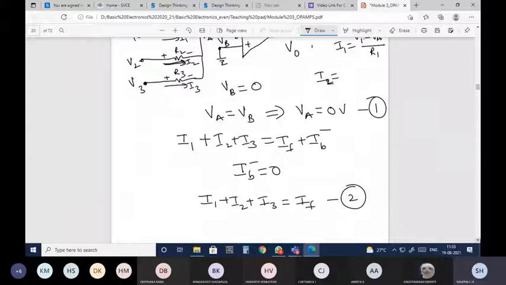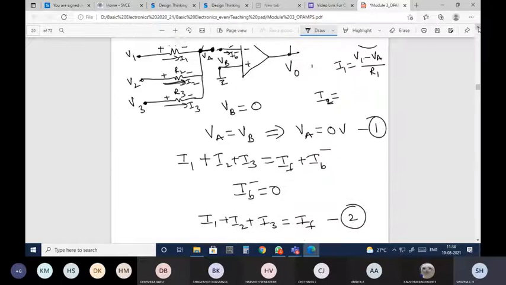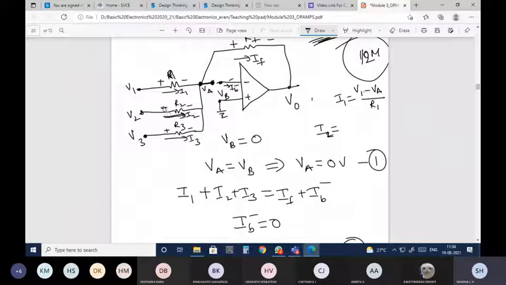Very good. I2 is nothing but V2 minus VA divided by R2. Because this is positive and this is negative. This positive sign corresponds to V2 and this negative sign corresponds to VA. So plus V2 minus VA divided by resistance R2.